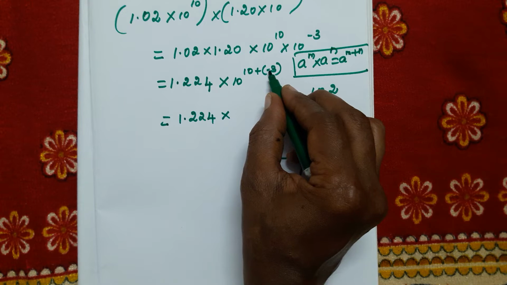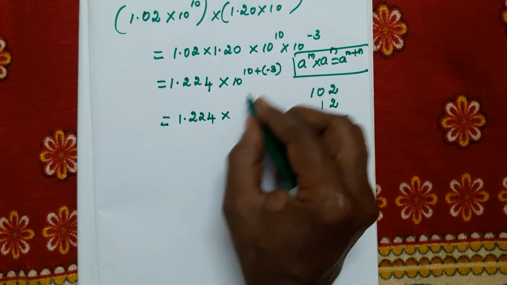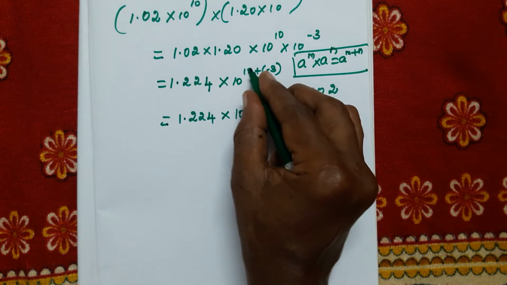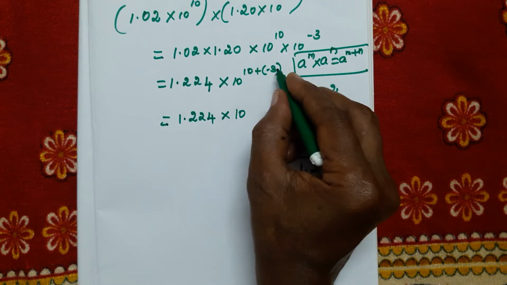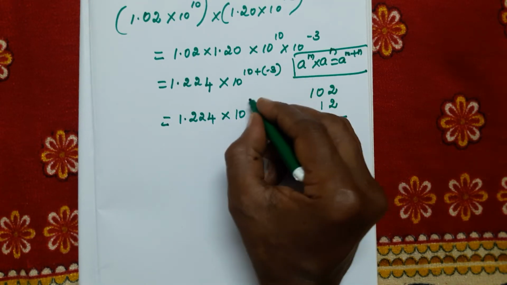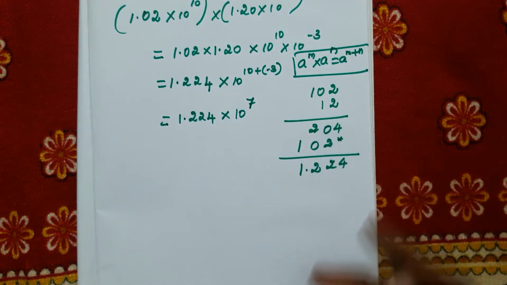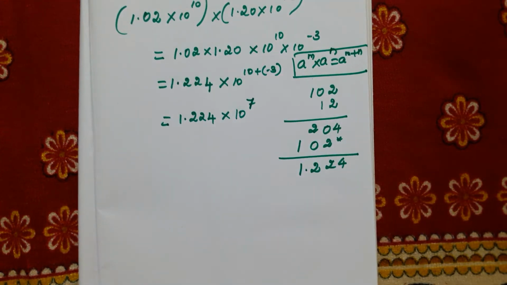When we are adding plus and minus, what we have to do? We have to subtract and write the greater number's symbol. So 10 minus 3 is 7. So 10 power plus 7 is the answer. Have you all understood this? Okay.